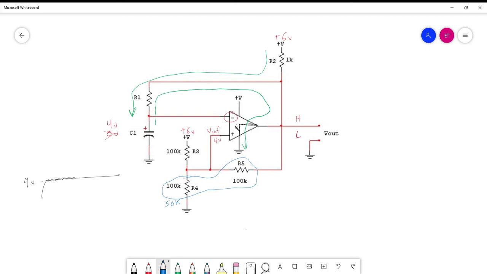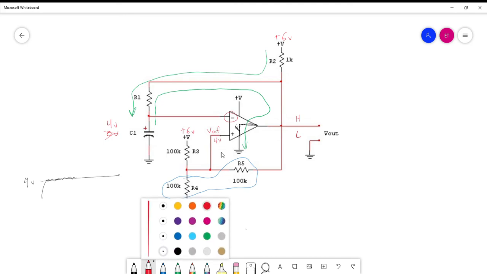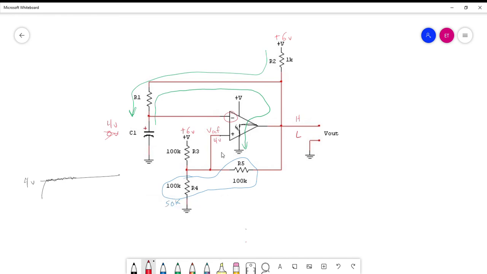And you see the new reference voltage is going to be the voltage division that occurs between the 100K as it sits in series with 50K. So you're only going to get 1/3 of the 6 volts here. So let's fix that. Our original reference voltage, we could put it up here, was 4 volts.